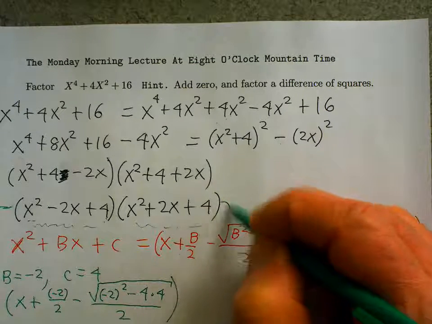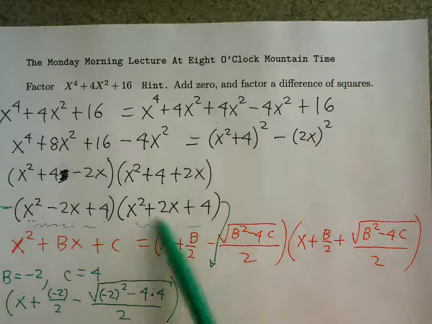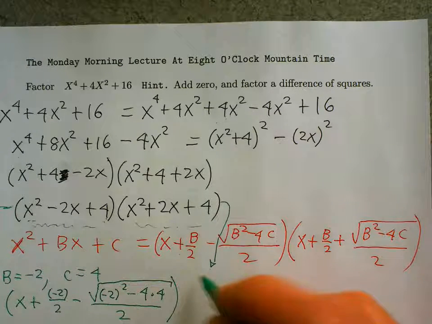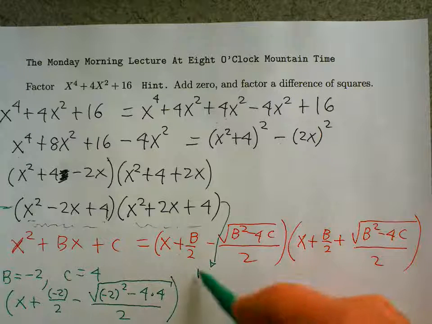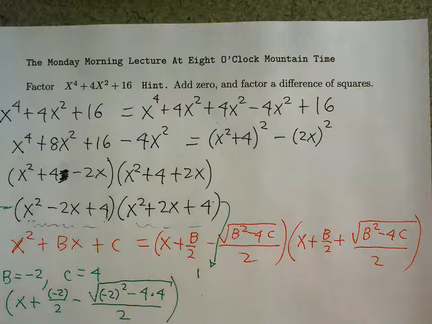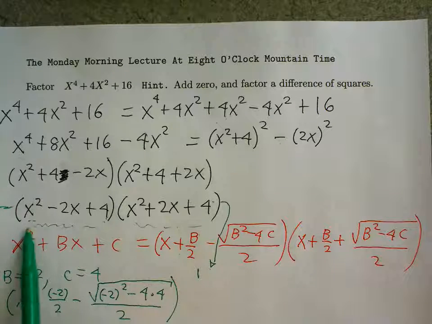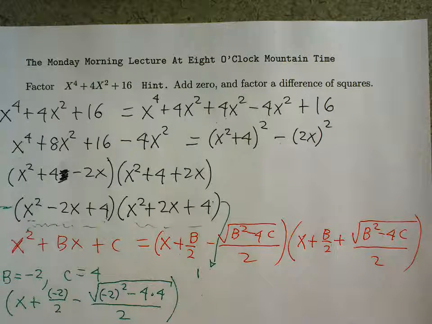We have to write down the second factor of x squared minus 2x plus 4.